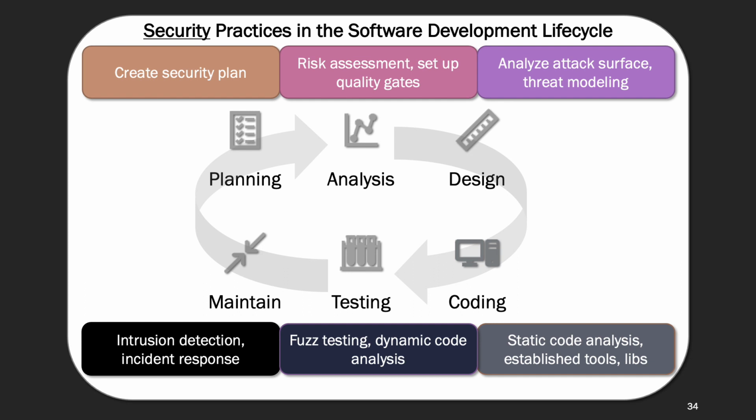We can also use fuzz testing and dynamic code analysis for security purposes. And finally, of course, we also should be able to monitor the security status of our product by using tools and methods such as intrusion detection tools and incidents and plan our incident response.